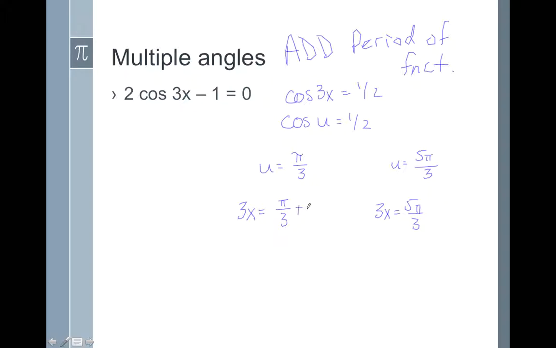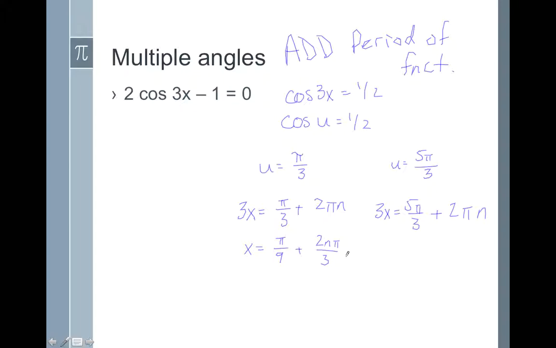So if I added 2 pi, or 2n pi, let's call it 2n pi, some multiple of 2 pi. We're adding some multiple of the period. Then I can divide by 3. So I get pi over 9 plus 2n pi over 3.